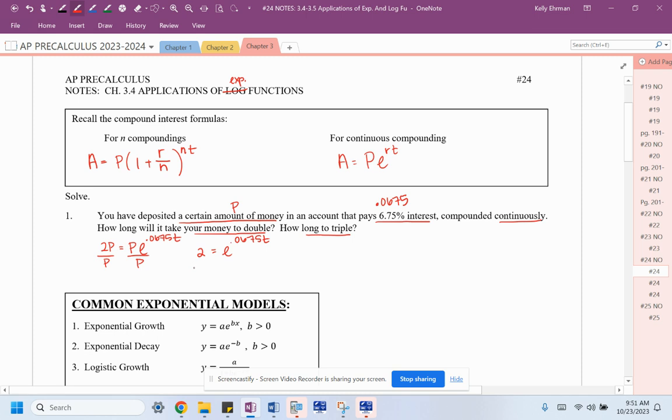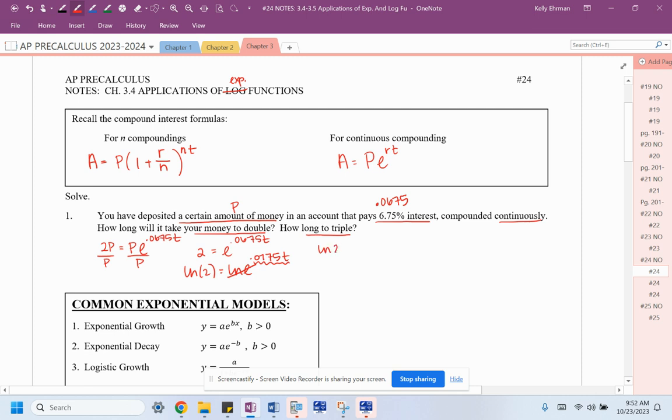We learned in a previous section that we should be taking the natural log of both sides. The natural log cancels out the base e, and that frees up this exponent.